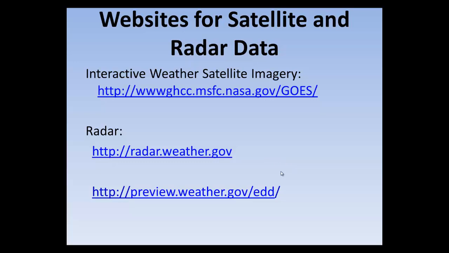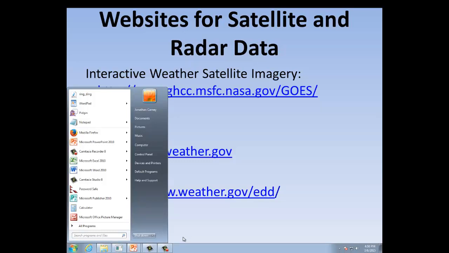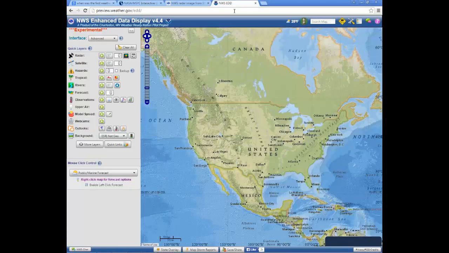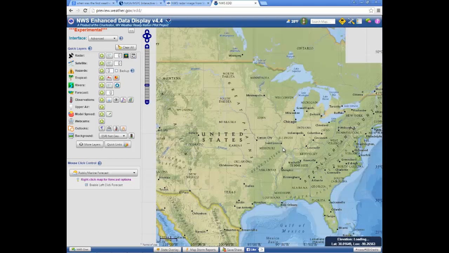I have to say, though, it's been very reliable for me, and I like to use it almost exclusively to look at mosaic radar data. And when you first pull it up, it's a little dense, okay? It's got a lot of information on it. But if you just want to look at some radar data, the radar icon up here has several buttons next to it. I'll go ahead and zoom in a little bit.